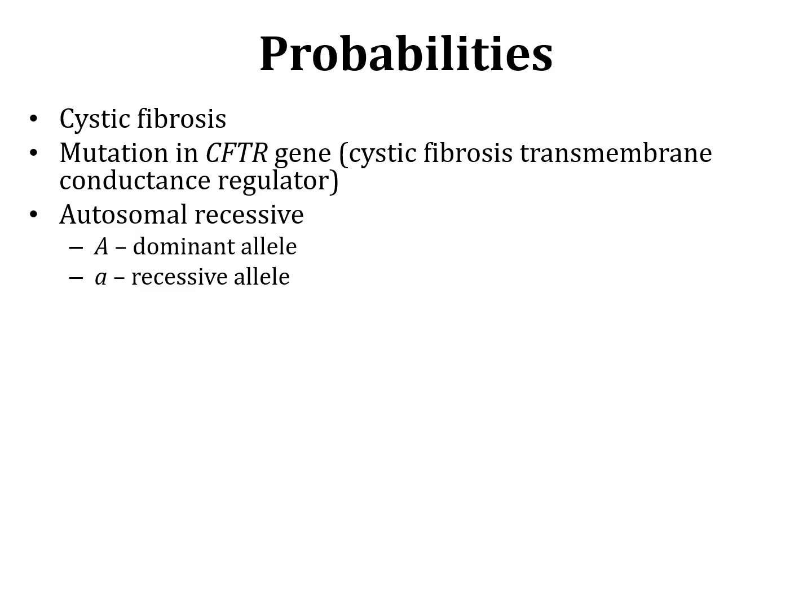And the inheritance pattern of this disease is autosomal recessive, that is, it is inherited in humans in an autosomal recessive fashion. There are two alleles for a specific mutation, the dominant allele and the recessive allele, because the pattern of inheritance is autosomal recessive, and this is a biallelic trait.